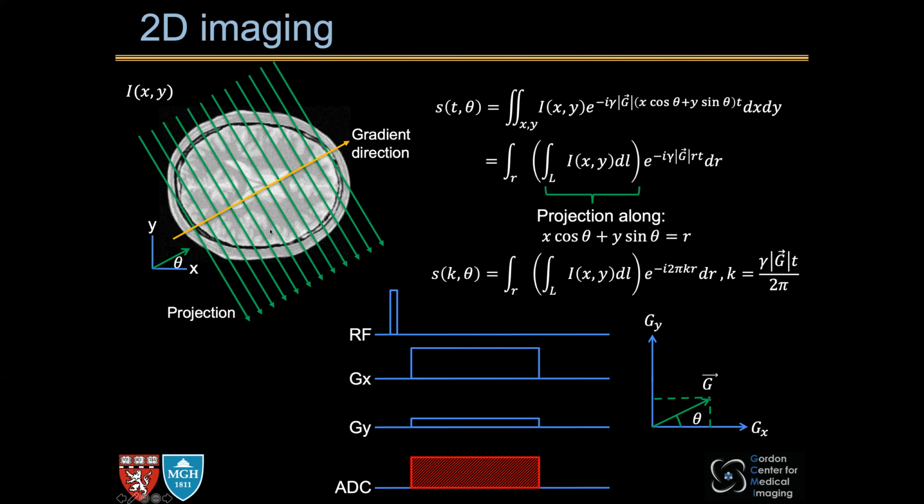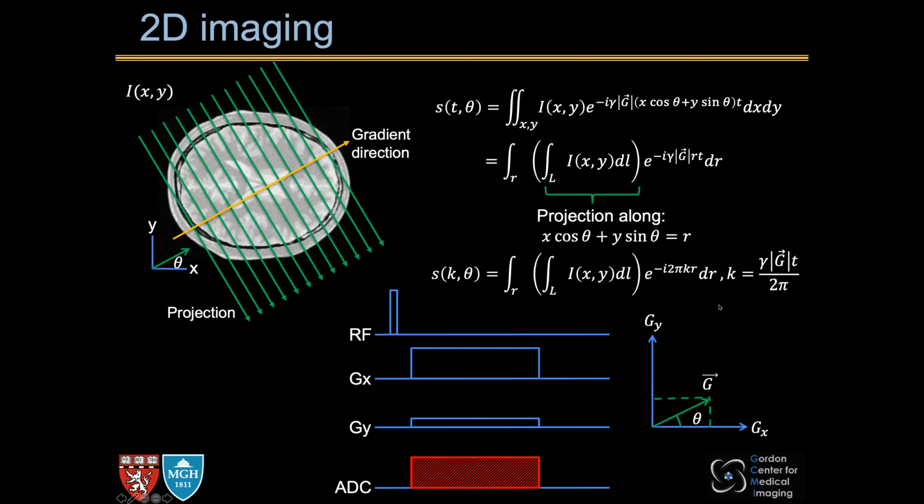And for the received signal with this same frequency component, the amplitude is the sum of all the signals along this direction. So again, this is a projection along an angle that is perpendicular to the applied gradient direction, and the received signal is simply a Fourier transform of that projection. Okay, so this is the physical meaning of the mathematical equations listed here.